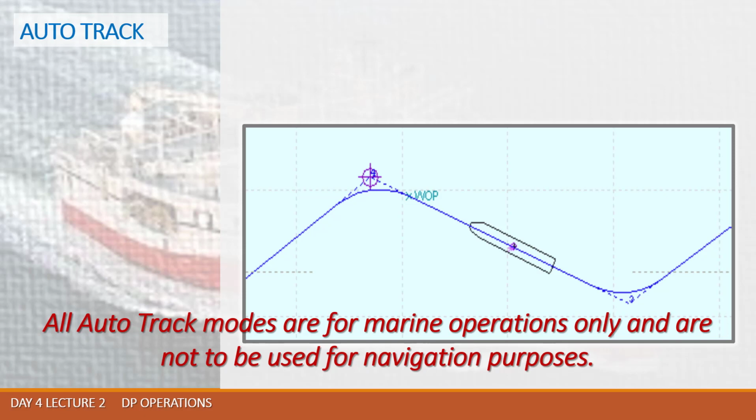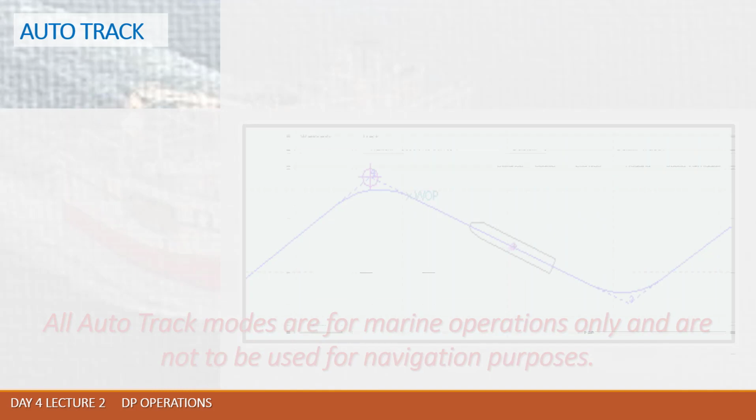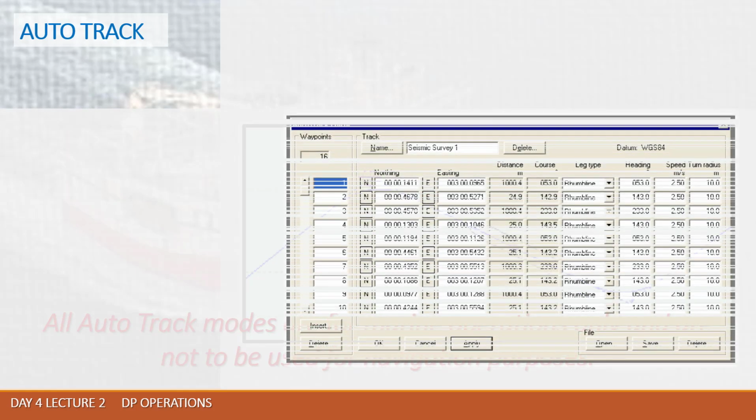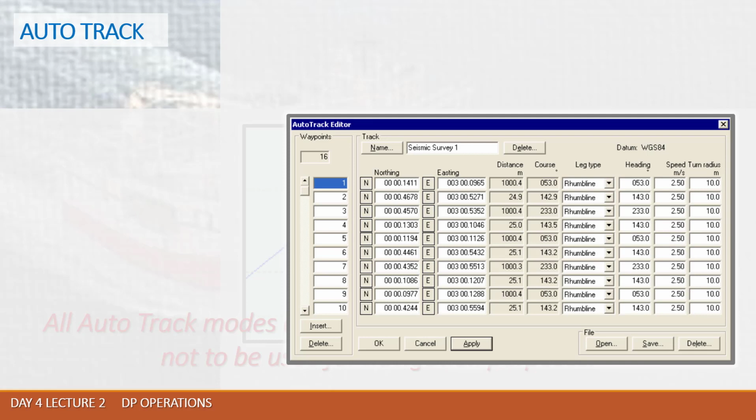Before using the needed track, you have to create it in the AutoTrack editor, which is available in the AutoTrack menu, and you need to add all desired waypoints to the AutoTrack editor. Here you may adjust the leg type, which could be a rhumb line or great circle if needed.